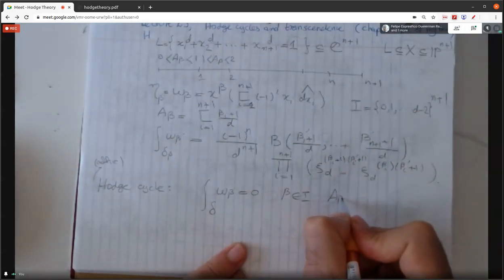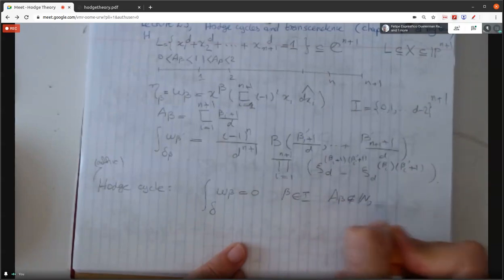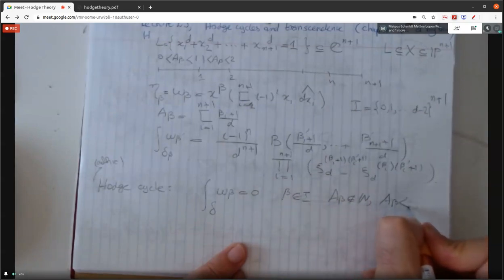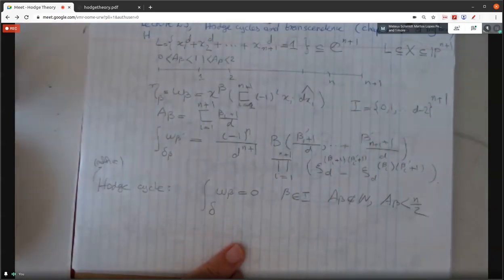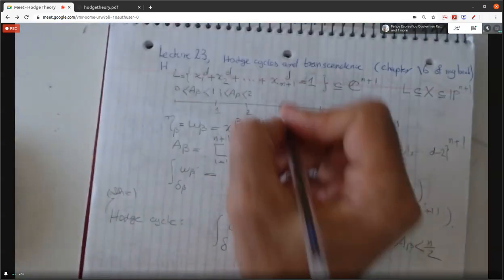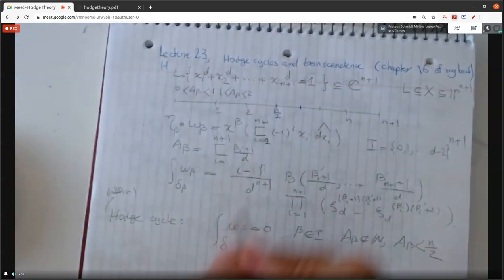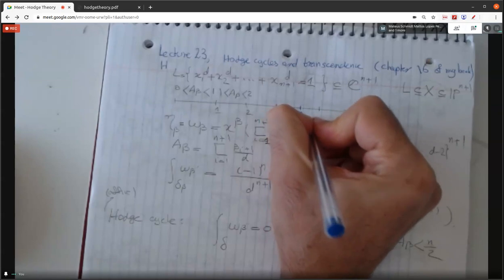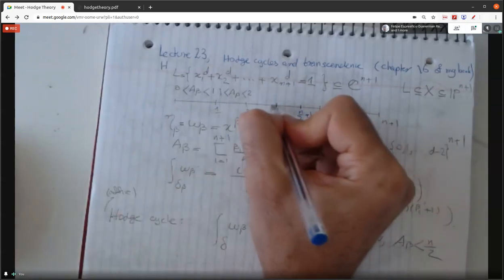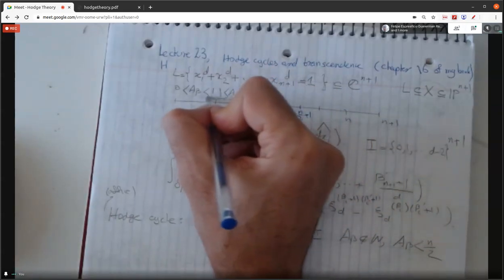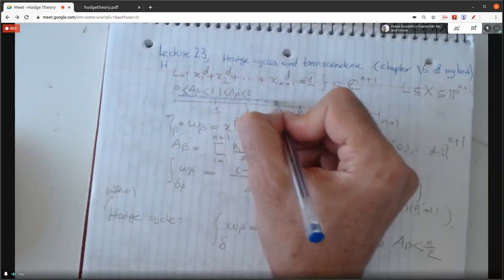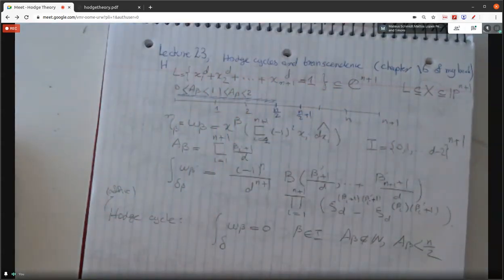And a beta, we always avoid integers, and then a beta is less than n over 2. So anyway, if I make, so this, the middle block is n over 2 plus 1. And so everything here, the integration of all differential forms until here, they're all 0.